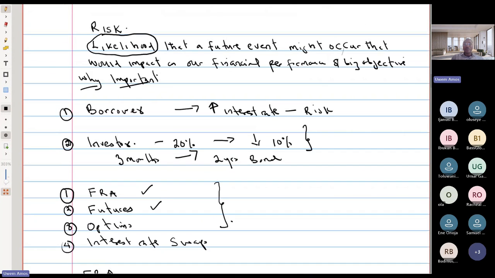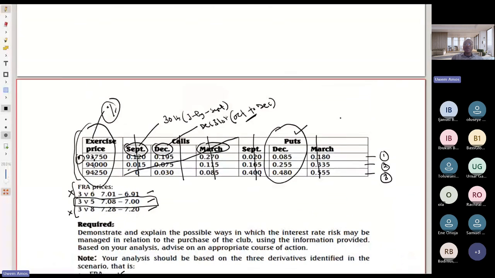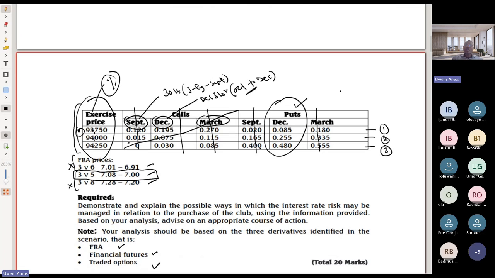Okay, so we're going back down to our question. These are the option premiums. For the first one, it is 0.085. For the second one, it is 0.255.